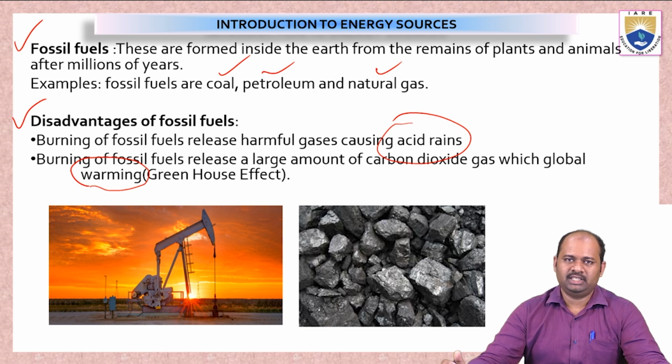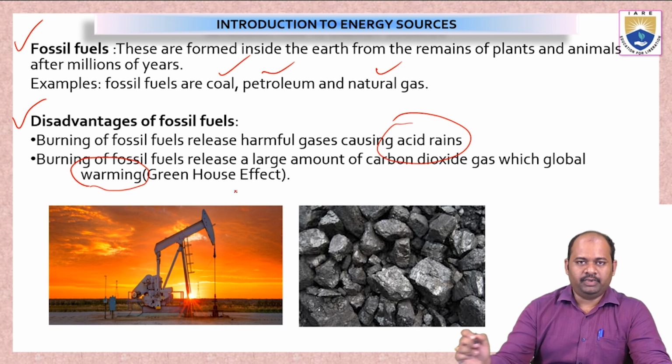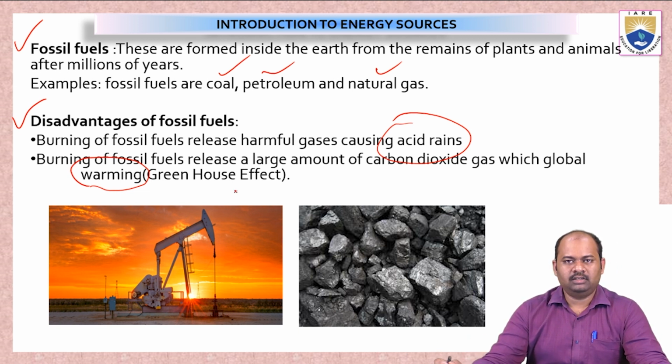Ozone layer depletion also causes a great problem to the people living on Earth. So, the greenhouse effect is nothing but the Earth's temperature rising day by day. What happens when the temperature of Earth rises from year to year? Every year, around 1 degree centigrade of temperature is increasing around the world because of global warming.